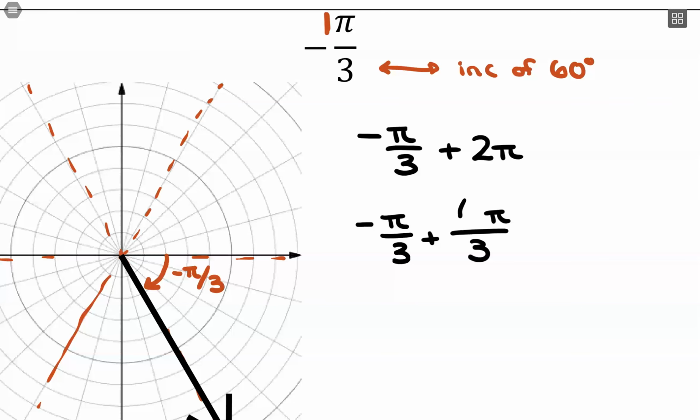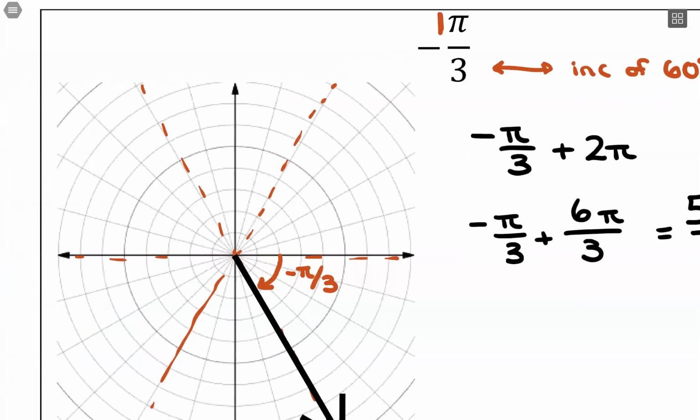And to get 2 out, I would need a 6 in the numerator. So 6 divided by 3 would give me that 2. So again, the denominator stays the same. Pi keeps hanging out. So what this really comes down to is a -1 plus 6, which is 5. And we could just make sure that makes sense. So 1, 2, 3, 4, 5. Awesome.